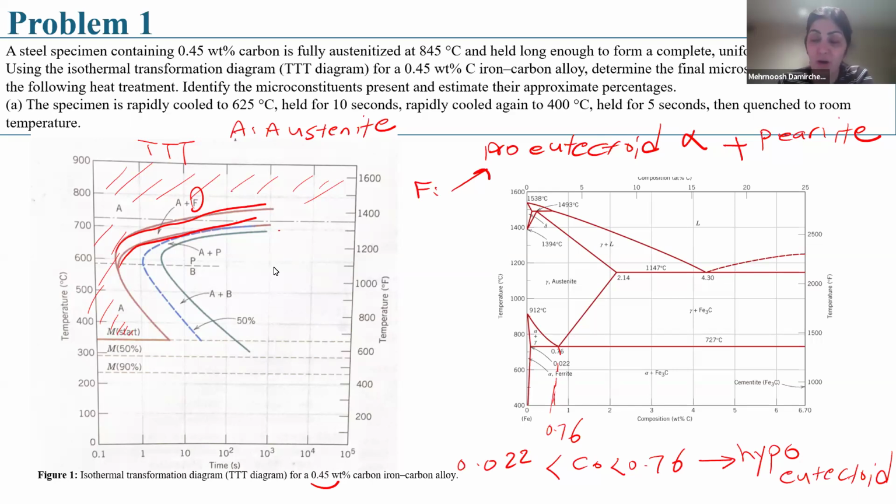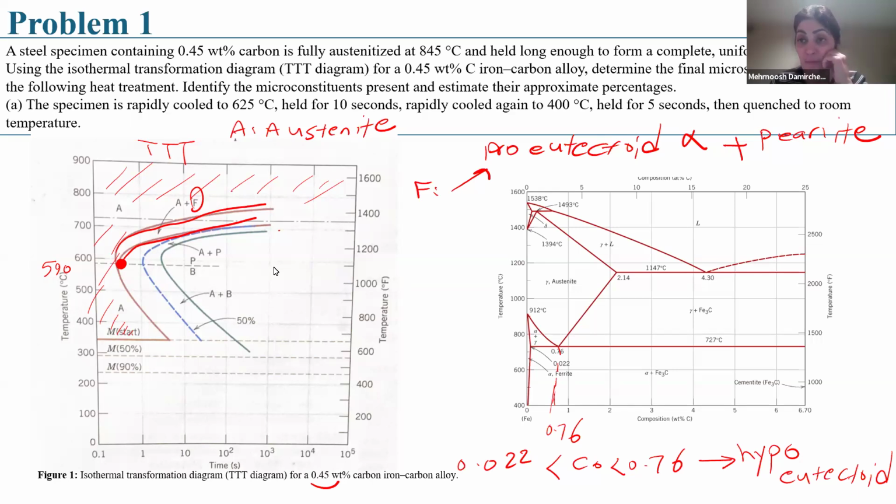Why do I explain that we have proeutectoid ferrite? At any temperature above this line, if we cool, for example at 590 and keep that temperature isothermally, first some proeutectoid ferrite forms. After that, the residual austenite converts to another thing such as pearlite, maybe medium, maybe fine, maybe coarse.